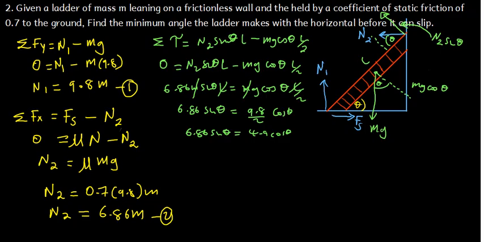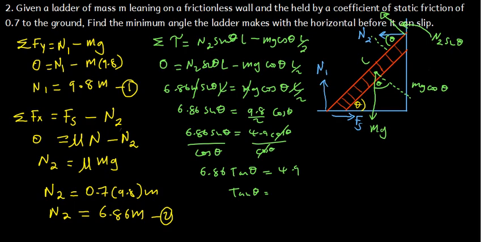I can divide both sides by cos theta. This cos and the cos there go, so remember 6.86 sin over cos will give us tan theta, and that is going to be equal to 4.9. So to remain with tan theta, I'm going to divide both sides by 6.86.